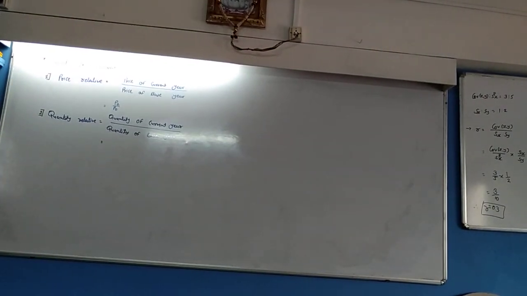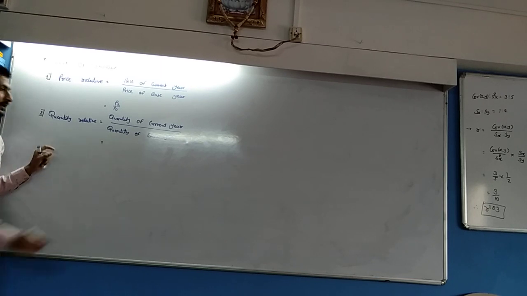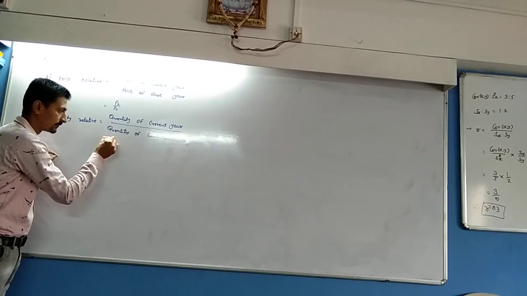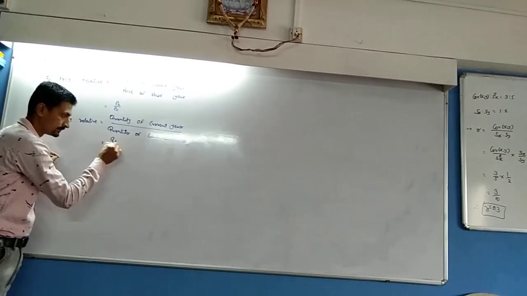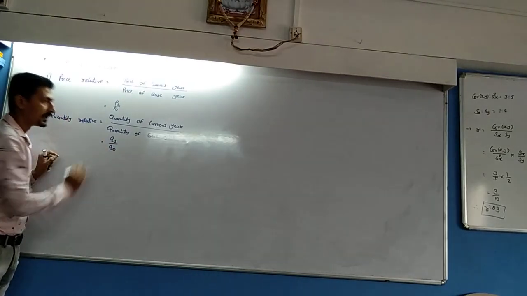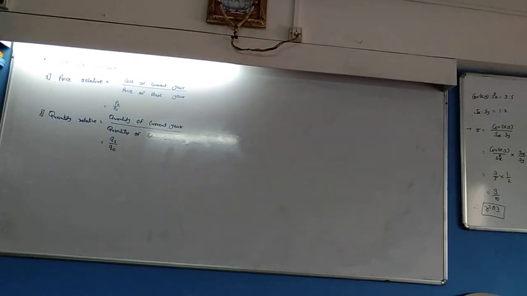Quantity or consumption is denoted by Q and the current year is 1, so Q1 divided by Q0, Q1 by Q0.